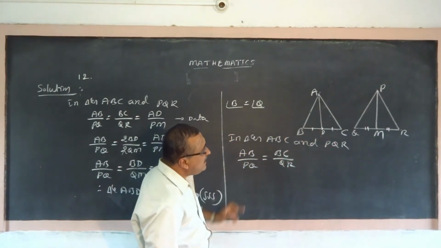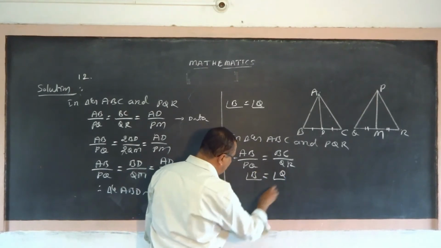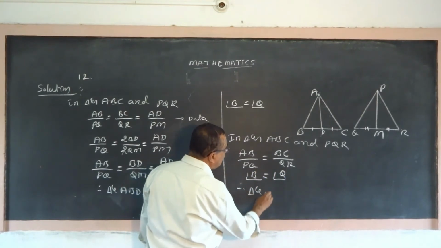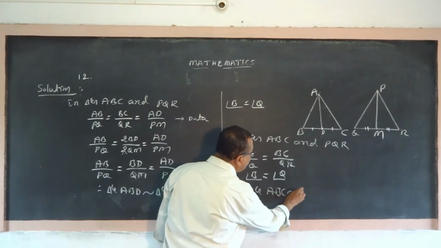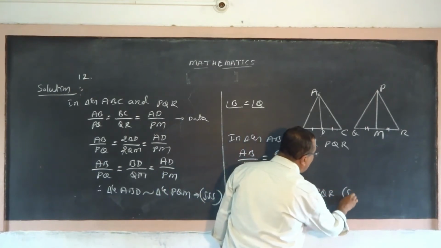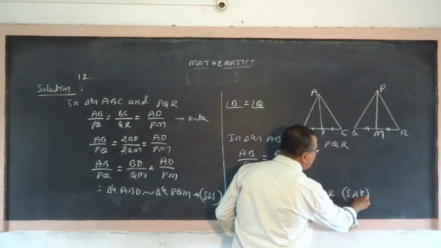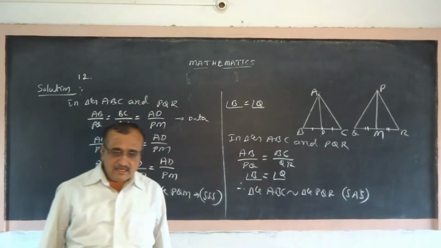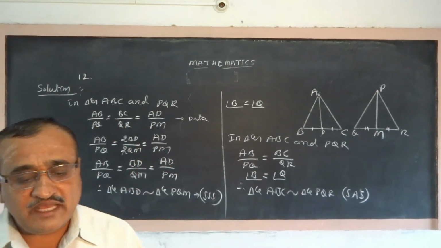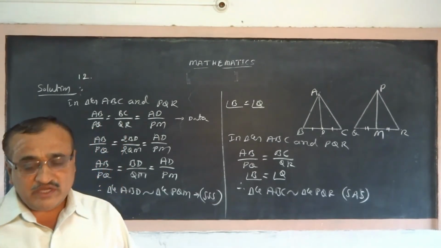Which is the angle? Angle B is equal to angle Q. Therefore, triangle ABC is similar to triangle PQR according to SAS criterion theorem. That is the way we are going to show.